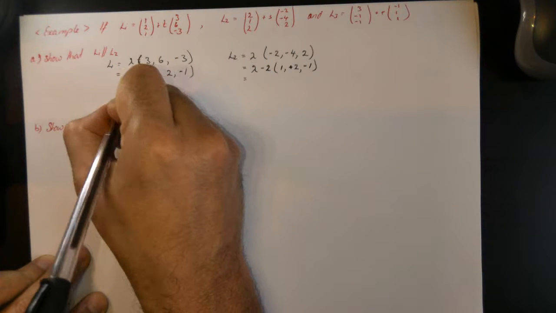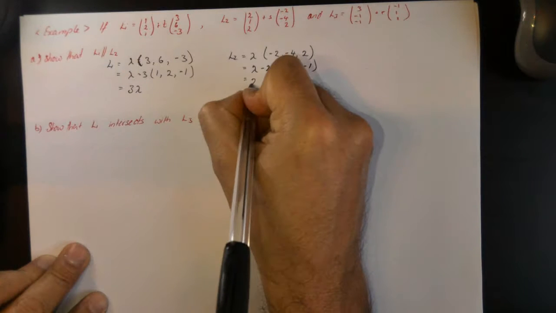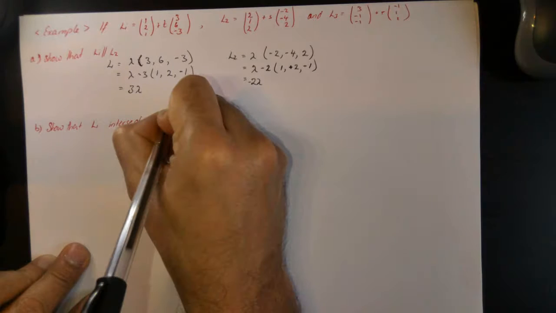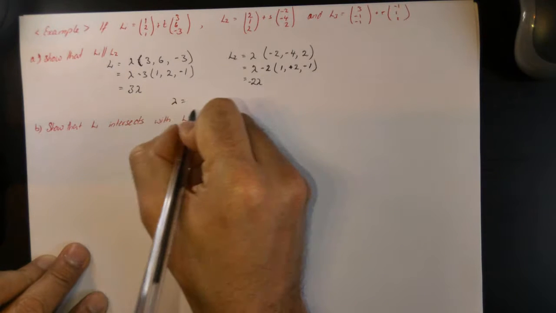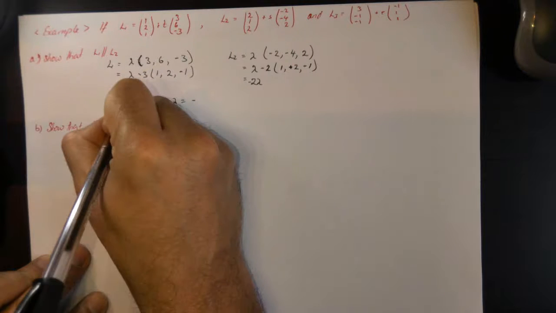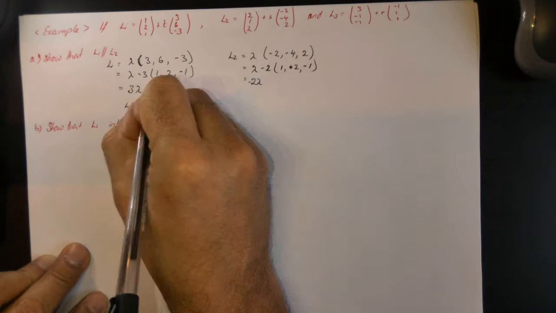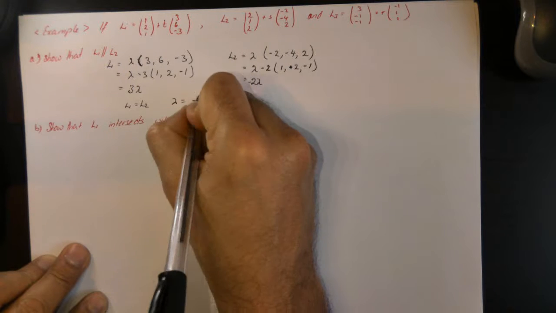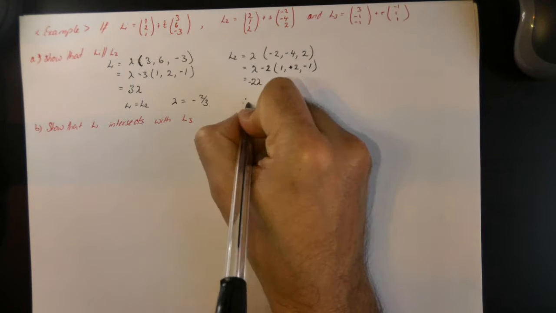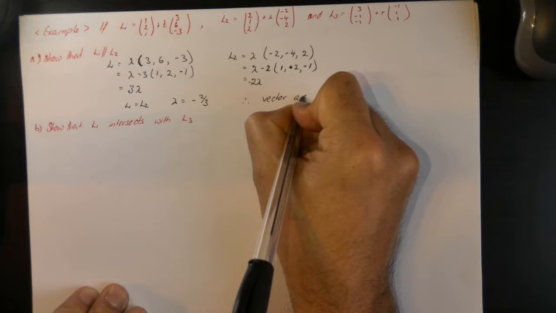So here we have 3 lambda, and here we have negative 2 lambda. So from line 1 to line 2, the lambda is negative 2/3 of each other. So therefore, the vectors are parallel.